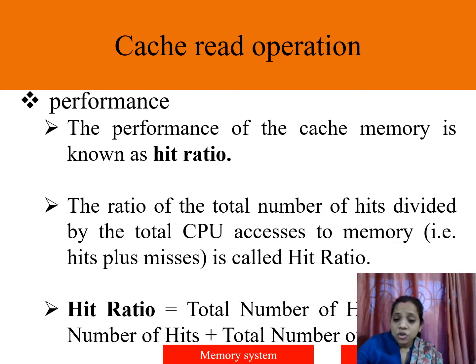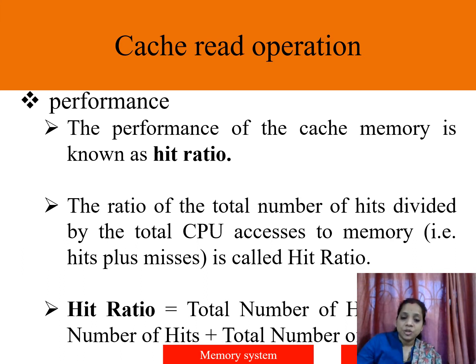Next, if it is not found, then we have to go to the main memory, and here the cache miss occurs. Let's say the access time of the main memory is 2 nanoseconds. So in case of a cache hit, it is 1 nanosecond.